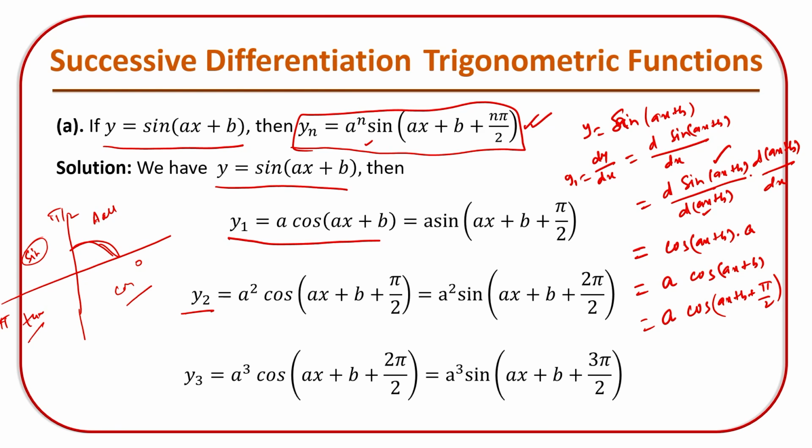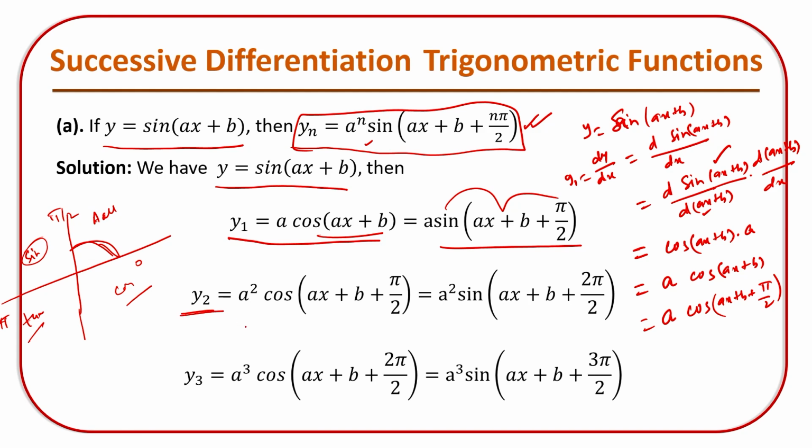So that is the idea. Cos of theta can be written as sine of theta plus pi by 2, right? So here cos of theta has been changed to sine of theta plus pi by 2.